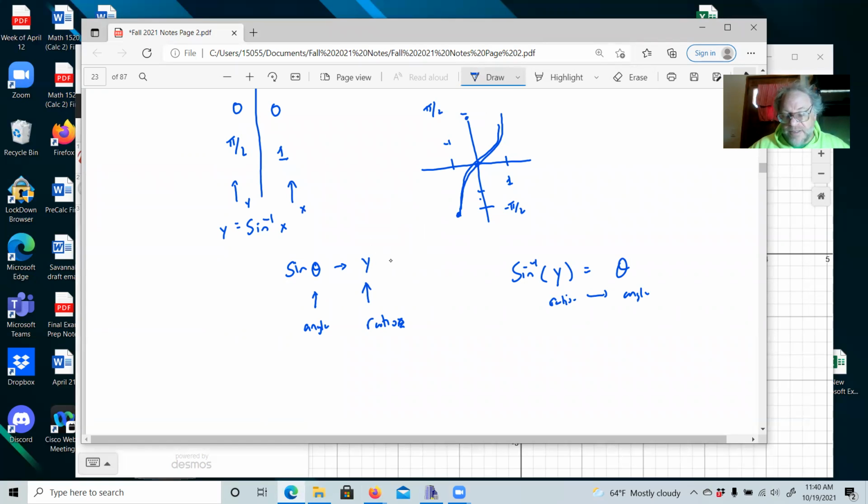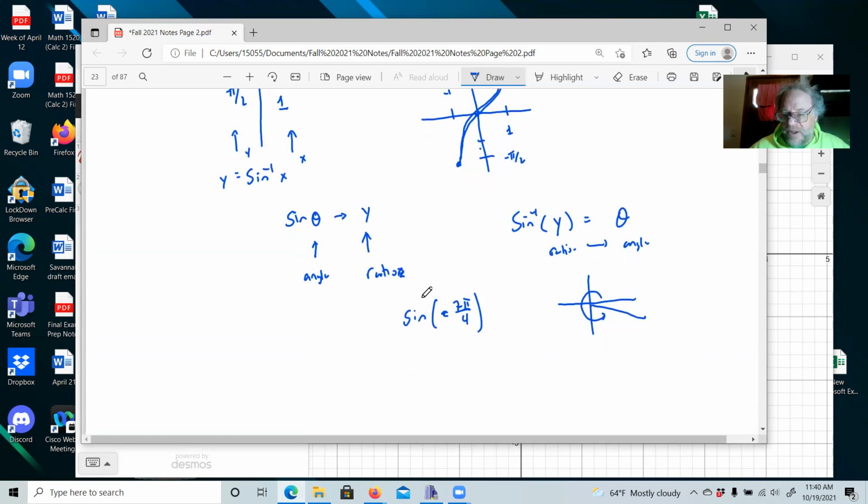So if we take sine of, let's do something in the fourth quadrant. How about -7 pi over 4? Or just 7 pi over 4, since we already have the negative. If we take 7 pi over 4, here's my angle. What is the sine of this angle?